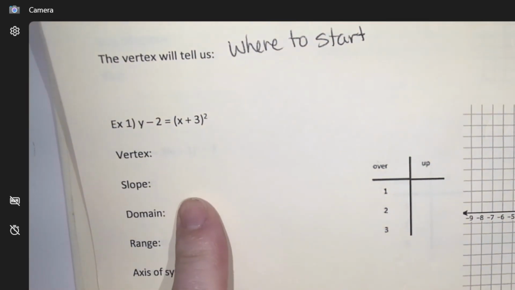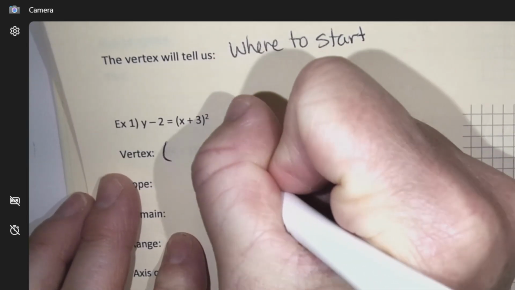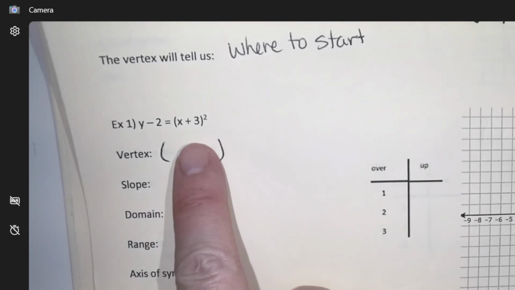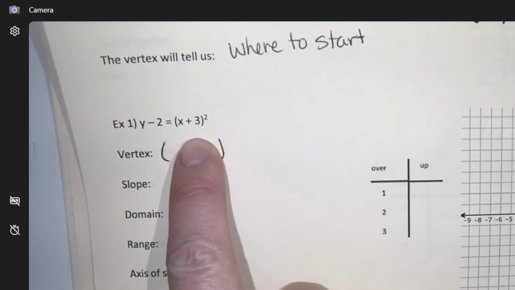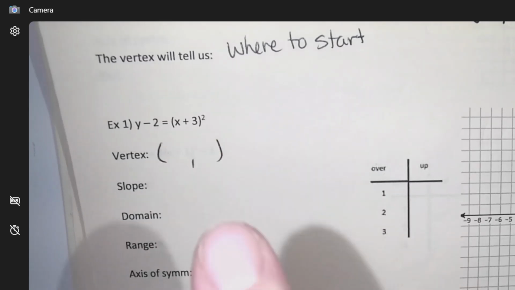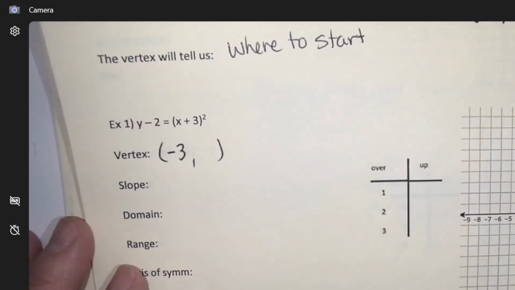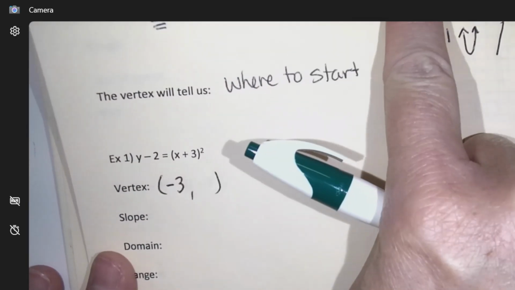Okay, so here we go. Example 1. What is the coordinate of the vertex? So the first thing is the x value comes from the bracket number. So should I be the same as that number or opposite? I need to be opposite. Okay, because the formula tells me it looks like this, so opposite.